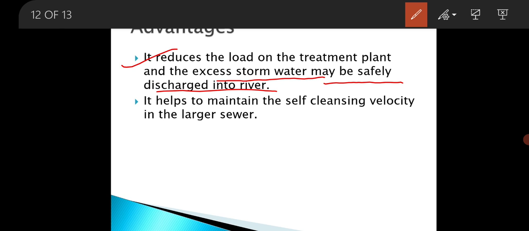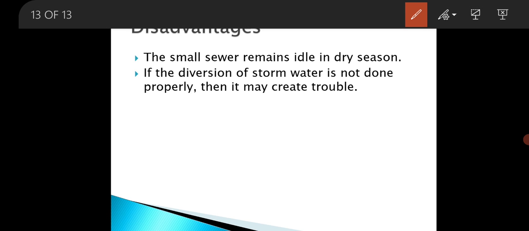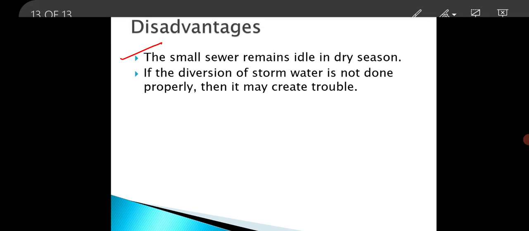Then the entry of storm water avoids the silting in sewer, which will help to maintain the self-cleansing velocity in the large sewer. Then the disadvantages. The first one is the small sewer remains idle in dry season.